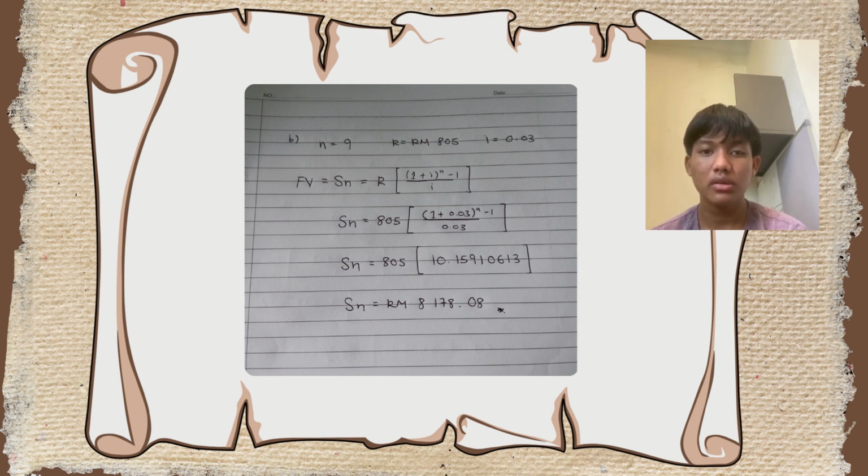So Sn equals 805 ringgit, open bracket of 1 plus 0.03 close bracket to the power of 9 minus 1 over 0.03 close bracket. So Sn equals 805 ringgit in the bracket of 10.15910613 close bracket. So Sn equals 8,178 ringgit and 8 cents.